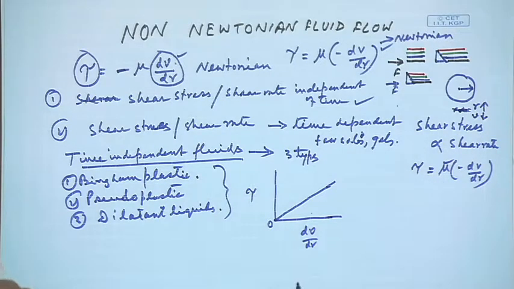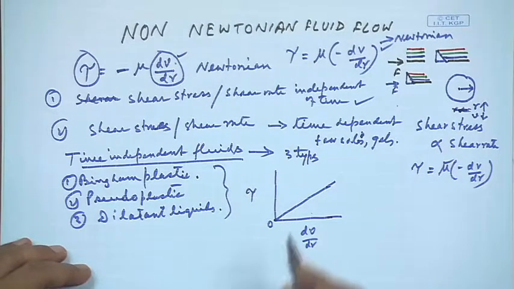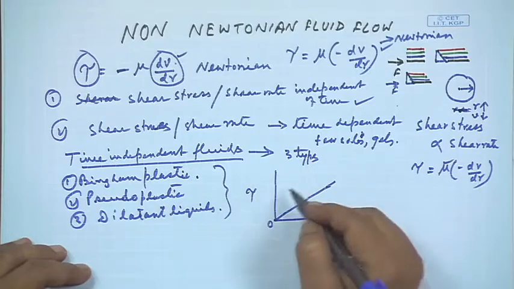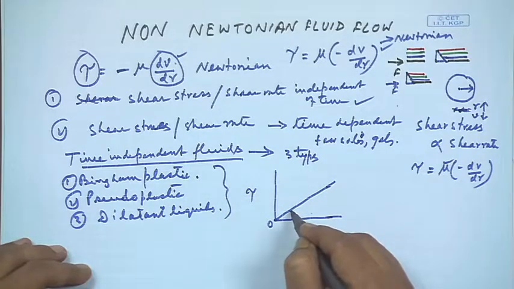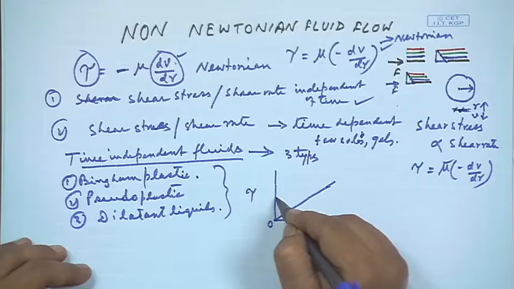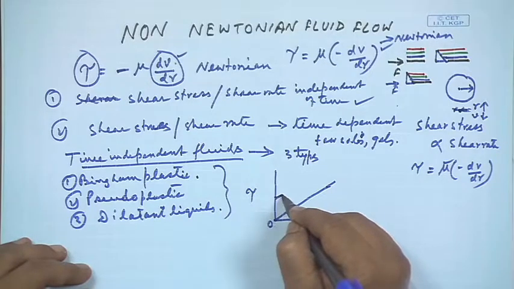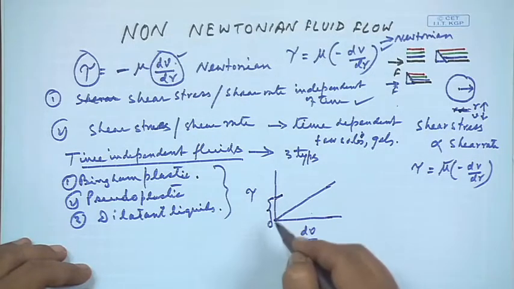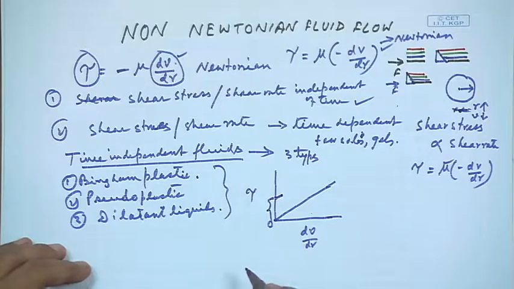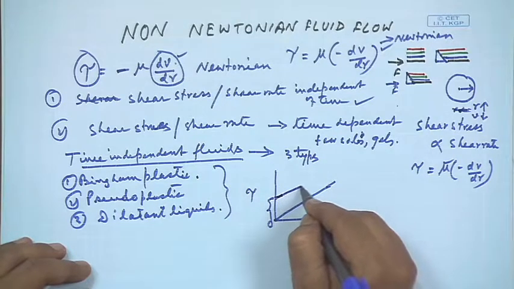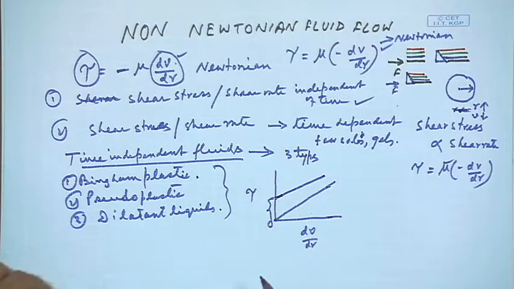So, for the Bingham plastic, unlike the Newtonian fluid, you need a minimum threshold shear stress which is required. Once it is there, then it follows a similar way as in the Newtonian fluid.